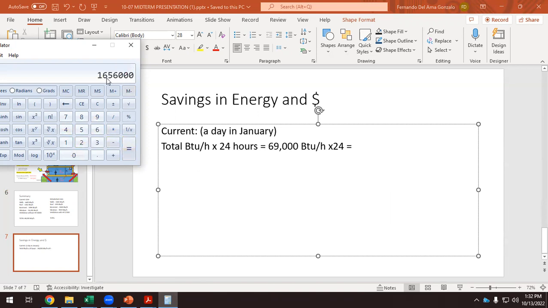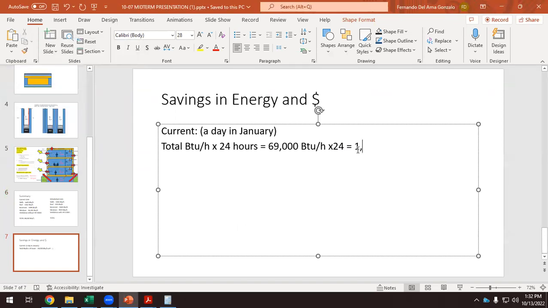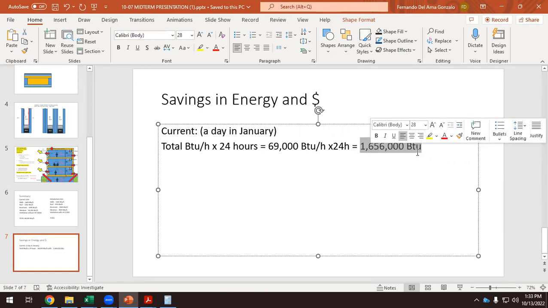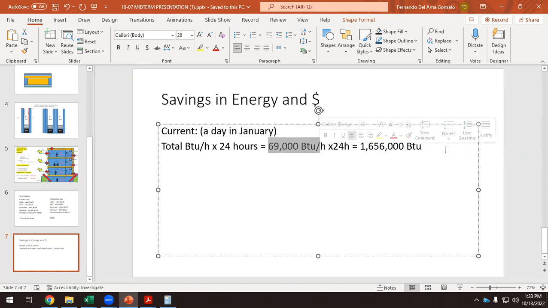Ooh, a huge number: 1,601,656,000 BTU. Okay, so we are talking about the daily energy. So one day in January, we have this energy consumption. It's the total heating load that we need times 24.